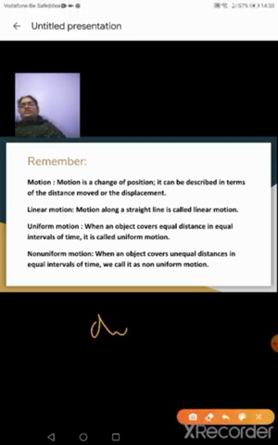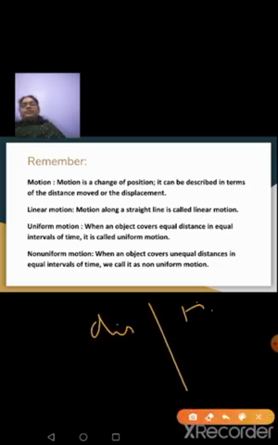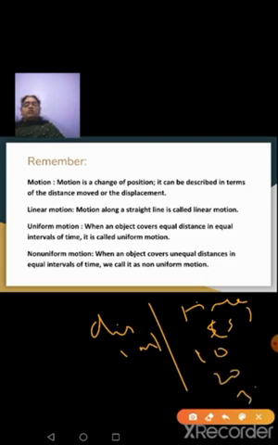Suppose I take distance in meters and time in seconds. Time changes uniformly, 10, 20, 30 it goes. Here the distance is initially 5 meters, then 8 meters, then 16 meters, then 20 meters, if it goes like this, at the 40th second.